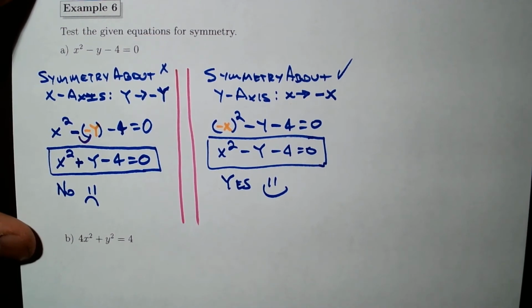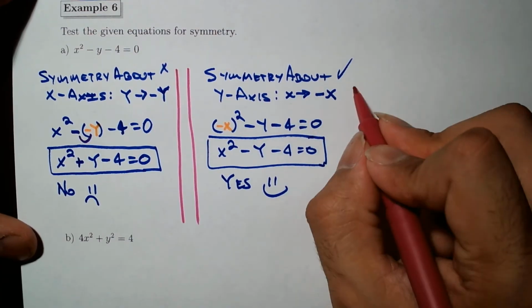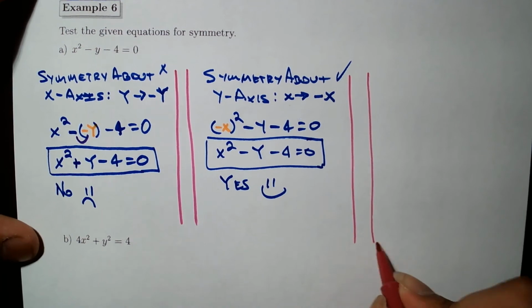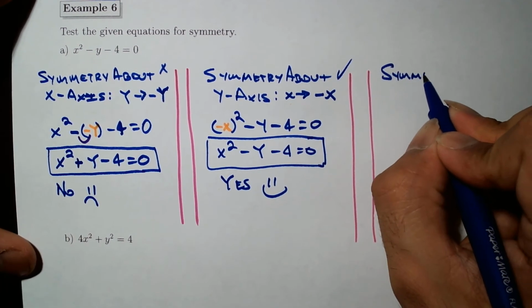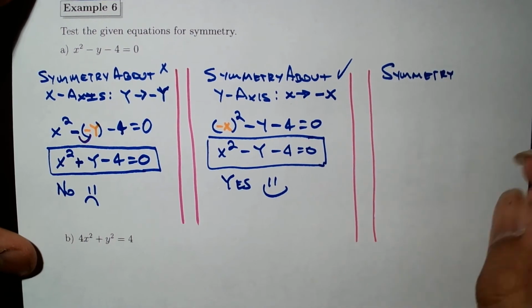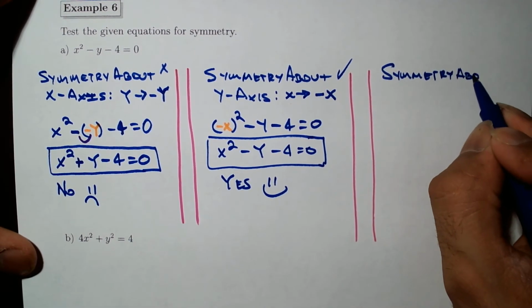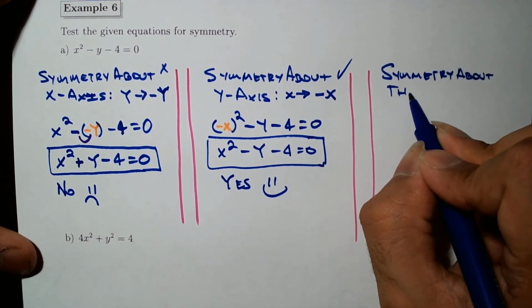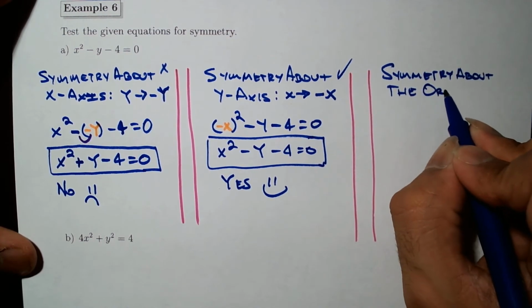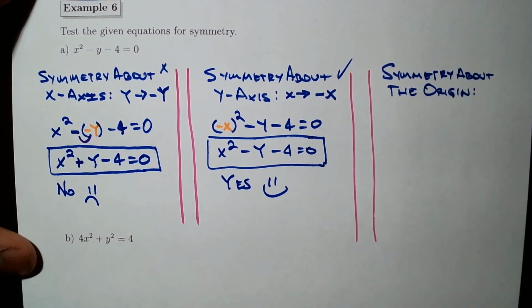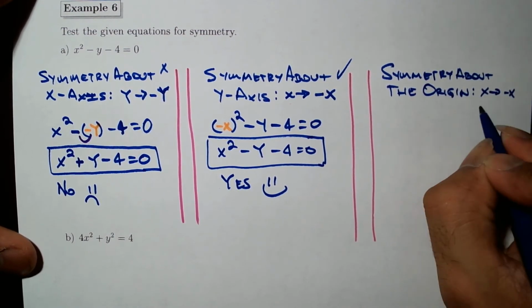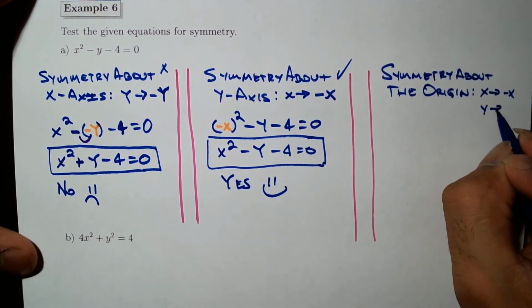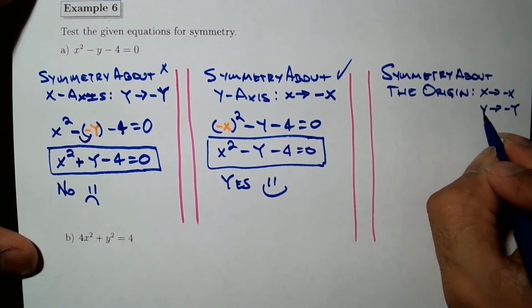Now let's do the third kind of symmetry, symmetry about the origin. In this case we replace x with negative x and y with negative y.